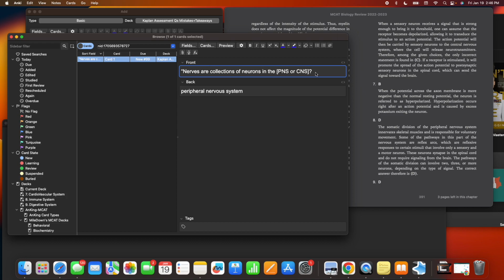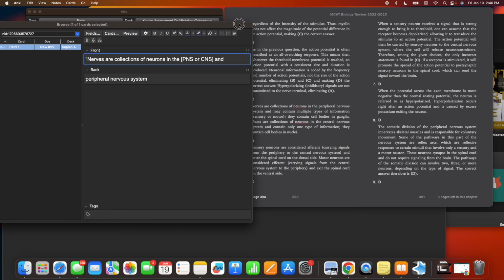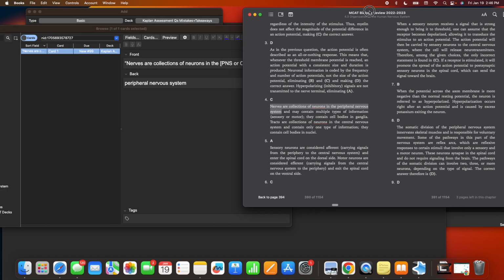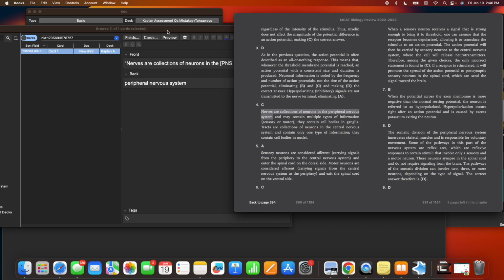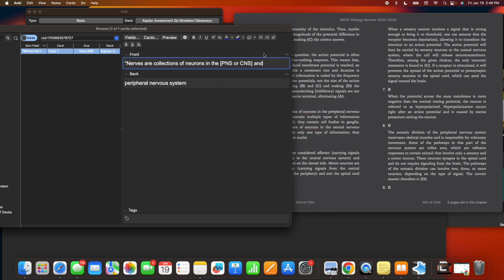Nerves are synonyms in the PNS, and may contain only one or multiple types of information.